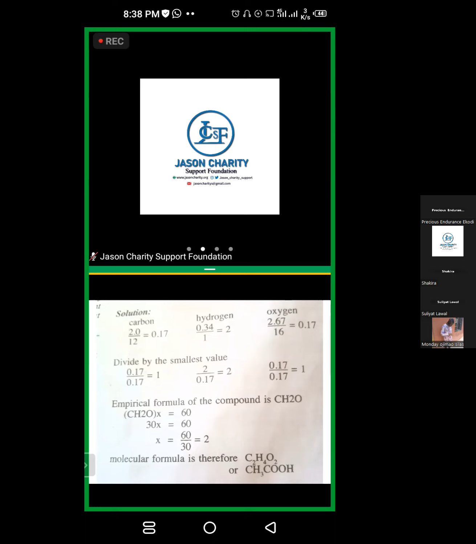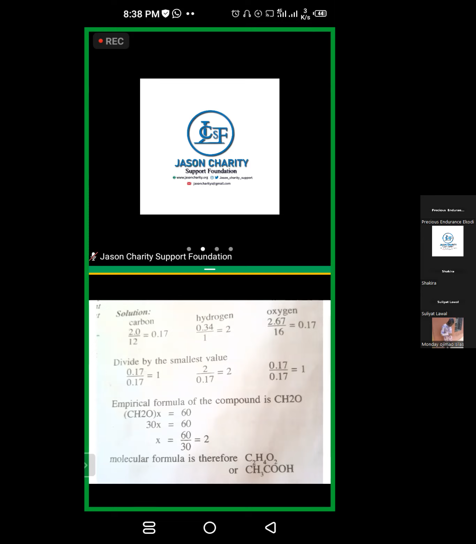When you are calculating on your own, you might get decimal points. Please, these elements do not exist in decimals, so you would have to round. Let's say you get something like 1.99, you round up to 2. If you have something like 2.30, you round off to 2 still, because you can only round off numbers that are less than 5.